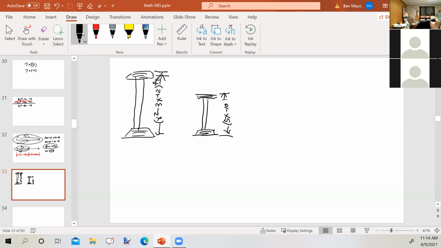Find a polynomial that represents the difference in the heights of the two columns. So you're looking to find that distance. How would you find that distance?